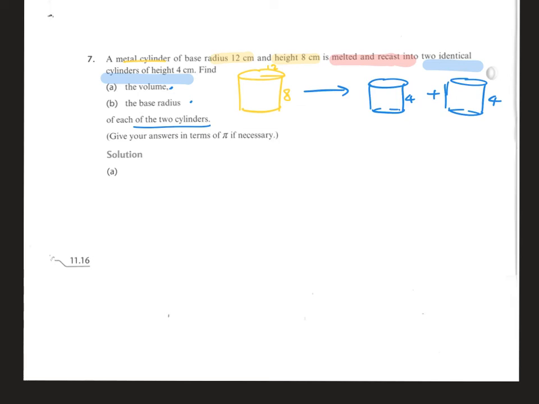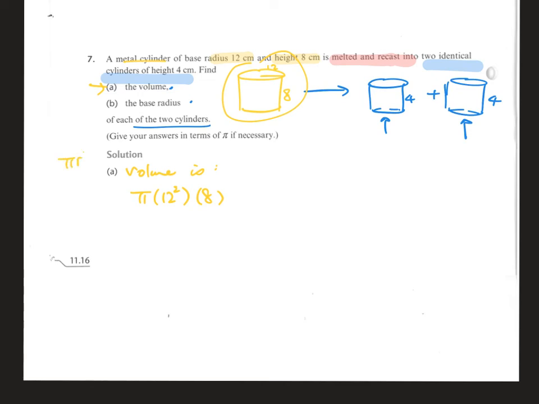So what does that mean? First of all, the volume will be easy because you melt it into two identical cylinders. The key is, how can you find the volume of the original? Divide it by 2 and you get part A. Easy, right? So the volume of these two cylinders will be, the volume of the original cylinder is pi 12 squared h.